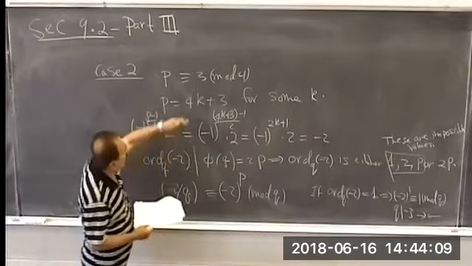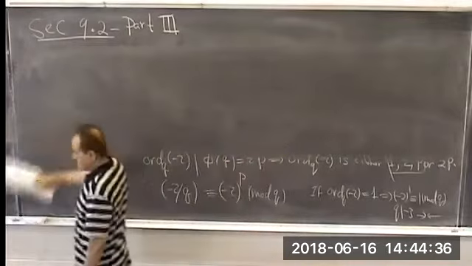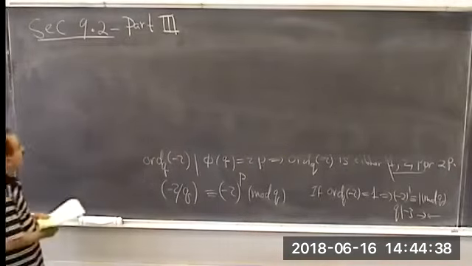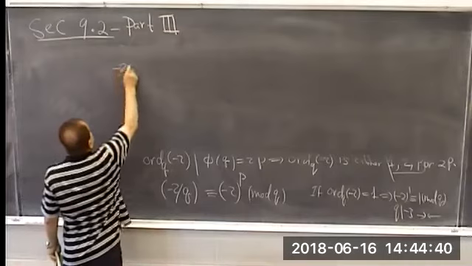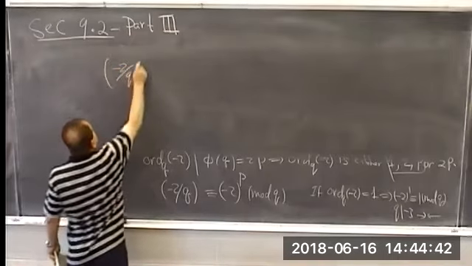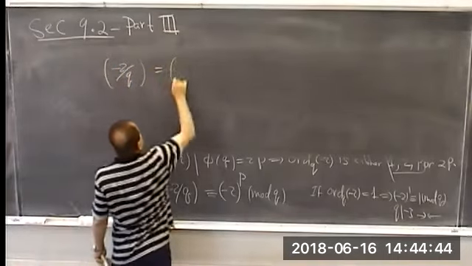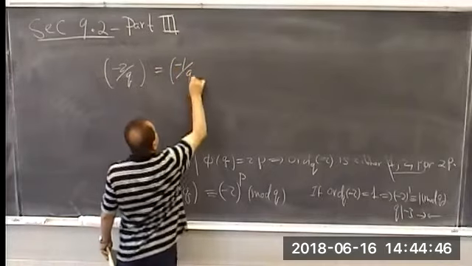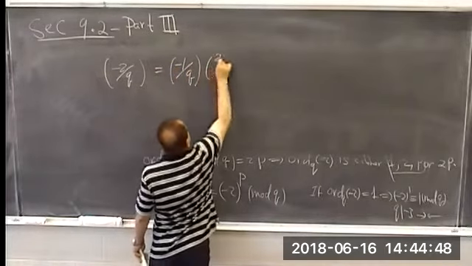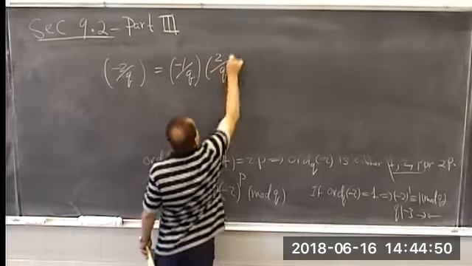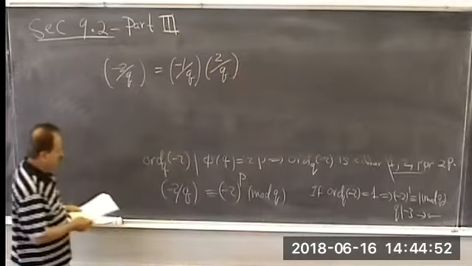So let's look at now evaluating the Legendre symbol in a different way using Gauss's lemma. So we have (-2/q). We can write this as (-1/q) times (2/q).